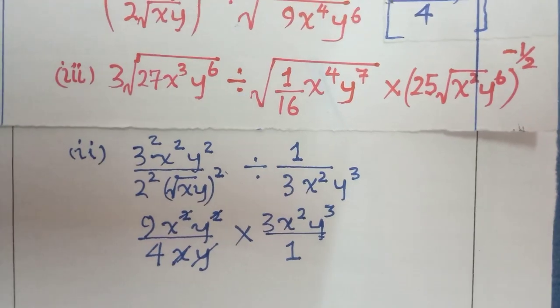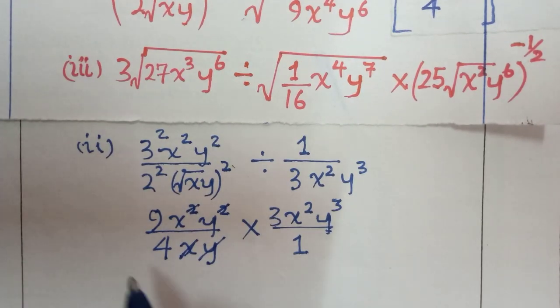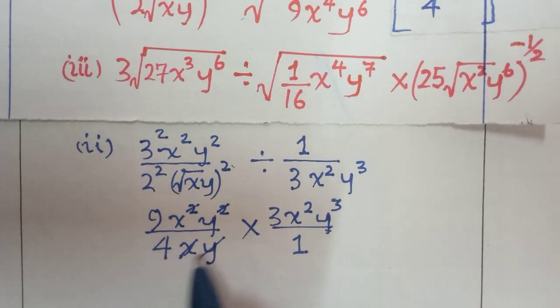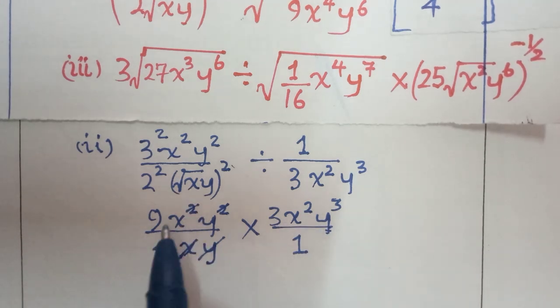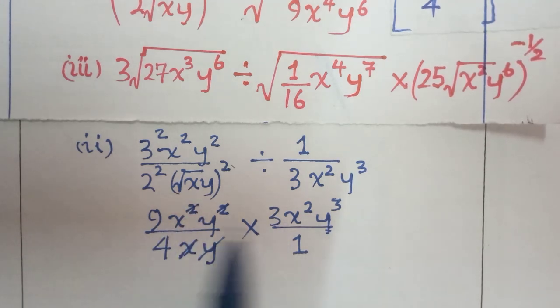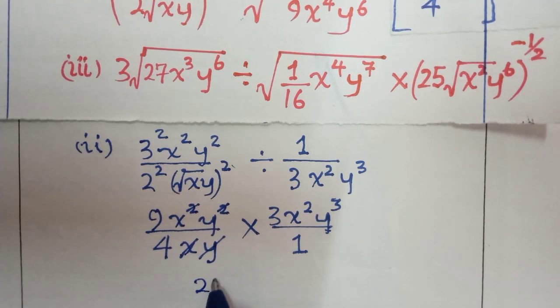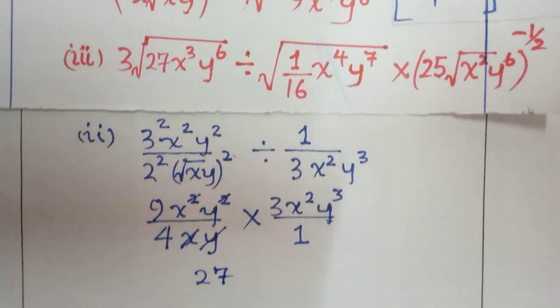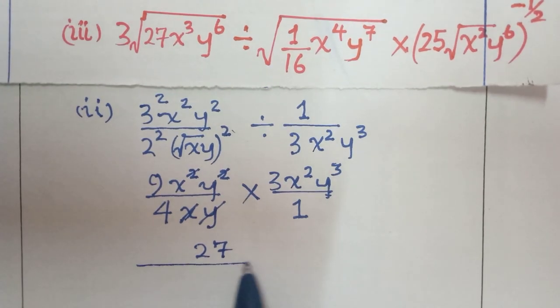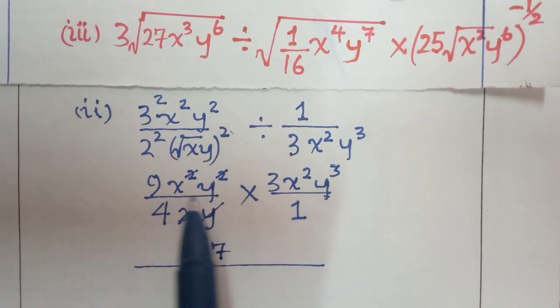Once you do that, guys, you come now and multiply all this. So you shall multiply first of all the constants at the numerator. You get 27, like that. Then we multiply the variables.